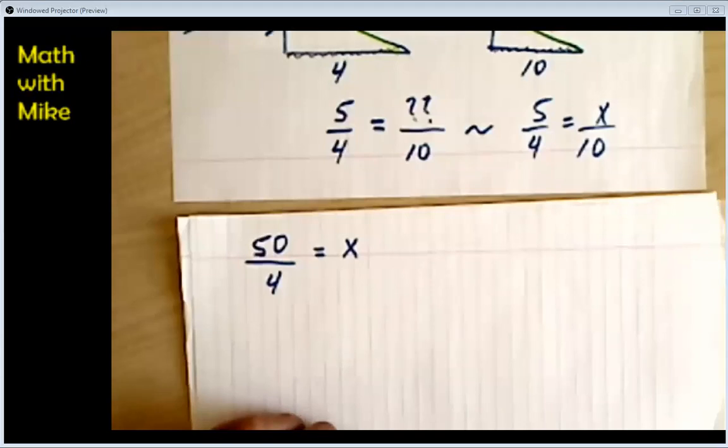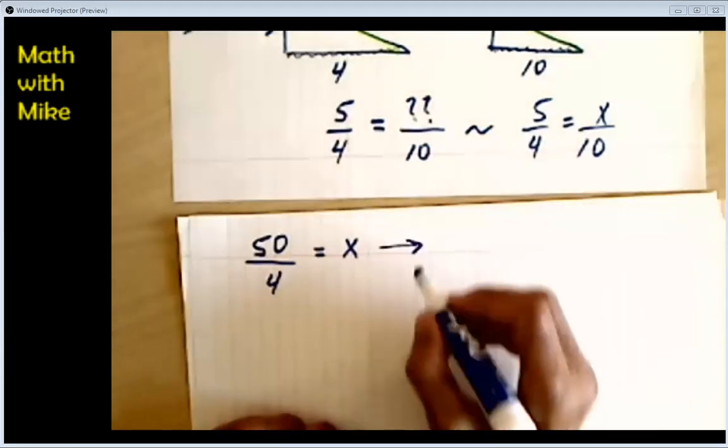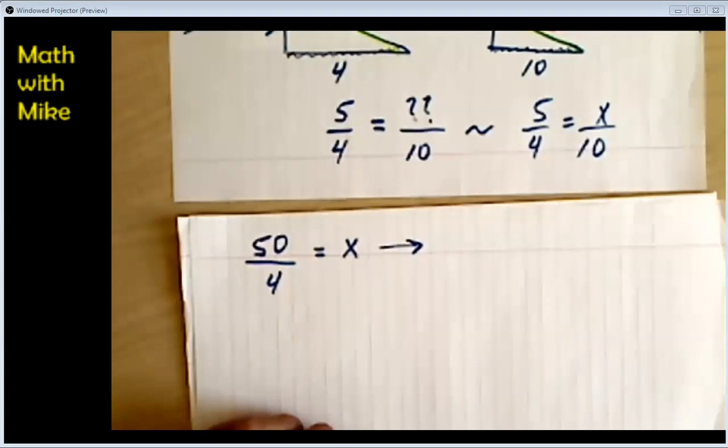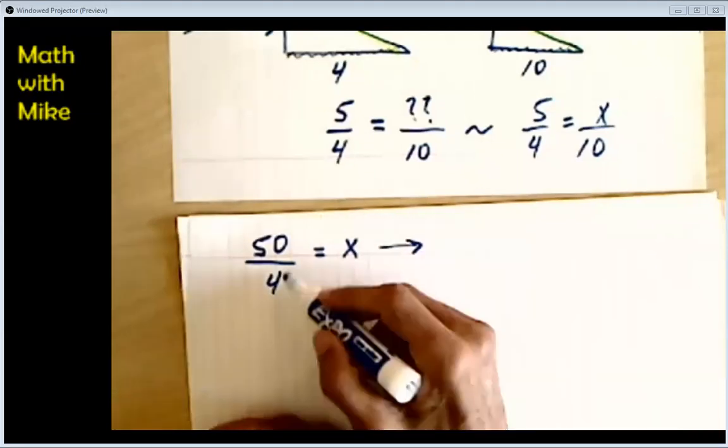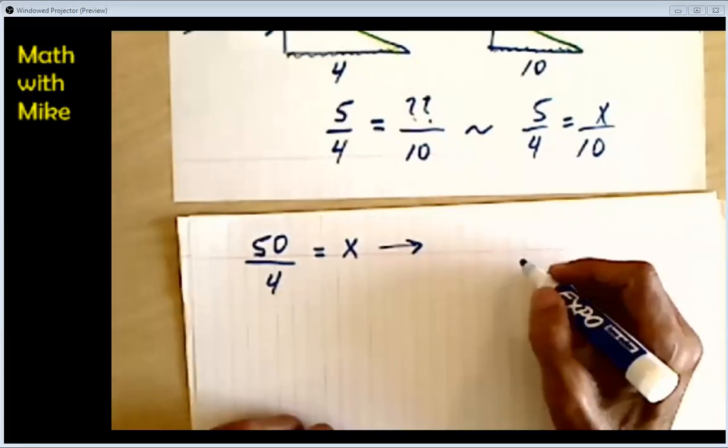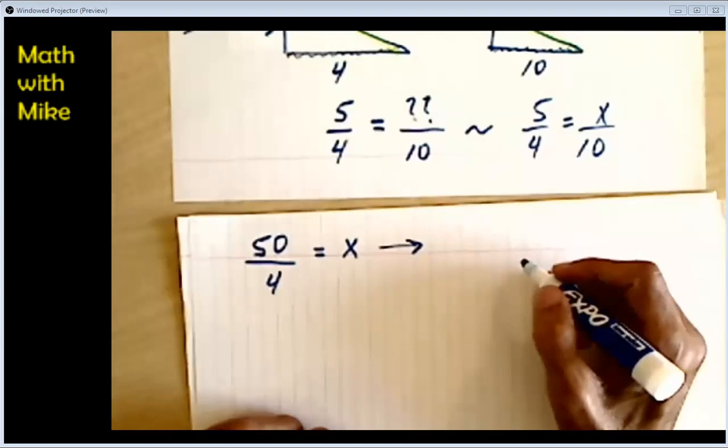Nice. And so 50 divided by 4 now. What is that going to equal? That's 36. No.